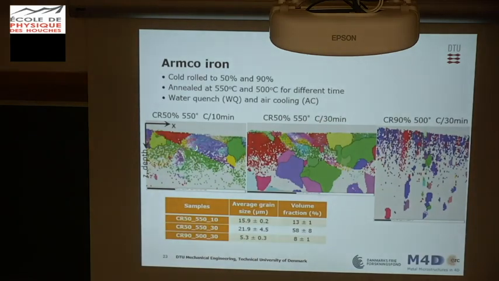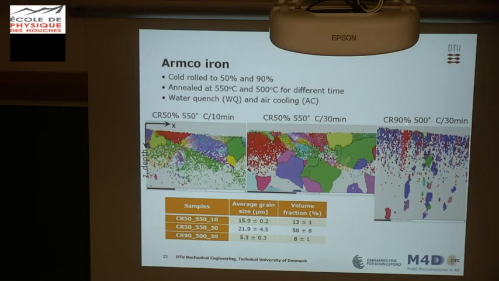We use Armco iron as a model material, and we roll it to 50% and 90%, and then we anneal at different temperatures to get partially recrystallized microstructures. For these two, we have 50% cold rolled, annealed at 550 degrees for 10 minutes and 30 minutes, and we have a parameter as a function of different volume fractions of recrystallization.